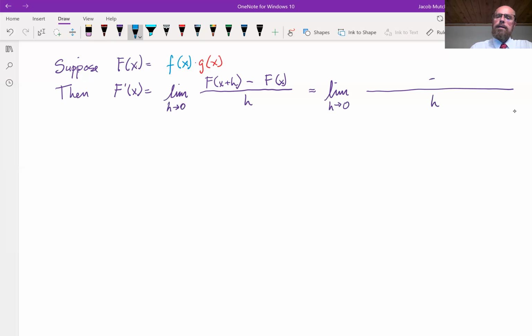So it's going to be f of x plus h times g of x plus h, and again, that's just the way I define that original function, big F of x, minus f of x times g of x. So again, I'm just substituting in those small functions.